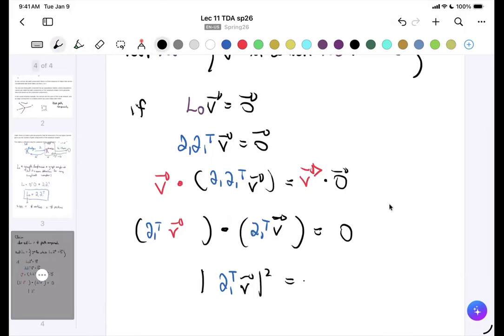Well, right, because if the length squared is 0, then the length itself has to be 0. There's only one vector in the world that has length 0, the 0 vector. So that means that v itself has to be the 0 vector.